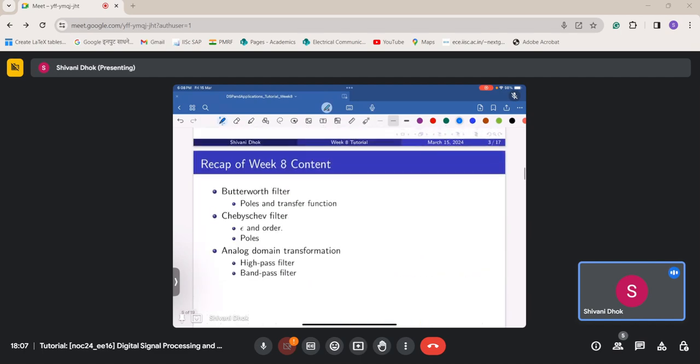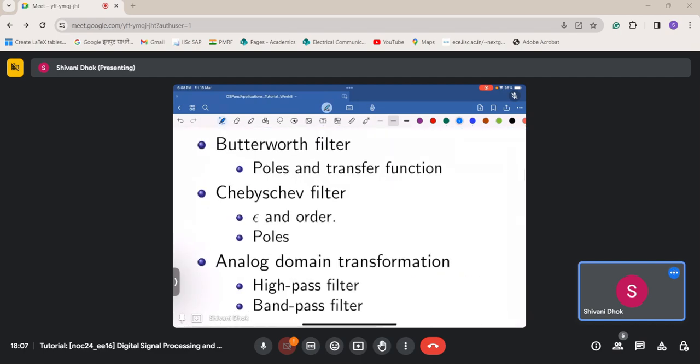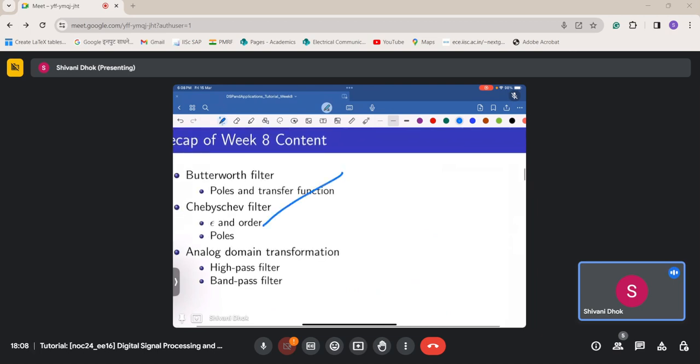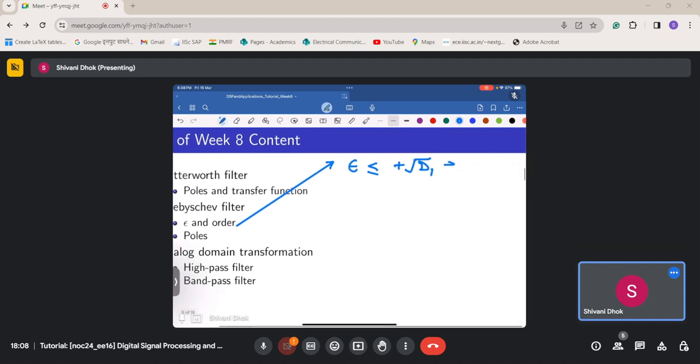After that we looked at the Chebyshev filter, and in Chebyshev filter again we had epsilon and order. We found out that epsilon is less than or equal to under root d1, and we said that we should choose the value as under root d1.